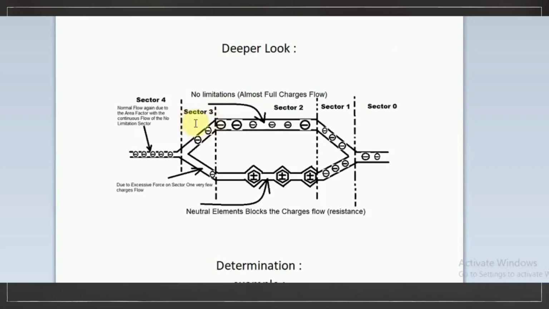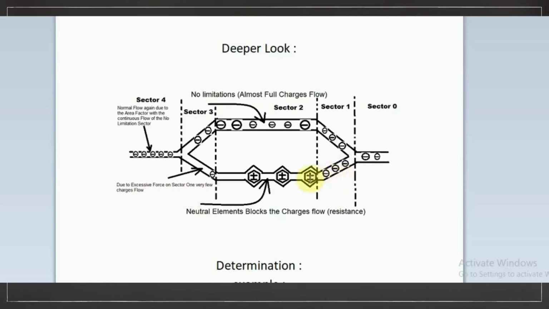In sector 3 we're going to find the normal wire flowing with electrons easily, but in the resistance wire we're going to find very few electrons flowing, passing through the neutral elements, you know, hardly. Due to the excessive force in sector 1, very few charges flow. We have in sector 1 very high, enormous power and speed of electrons.